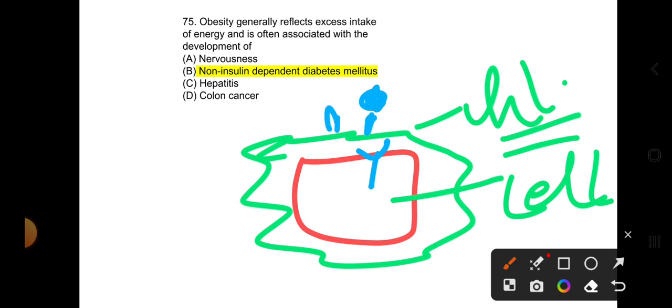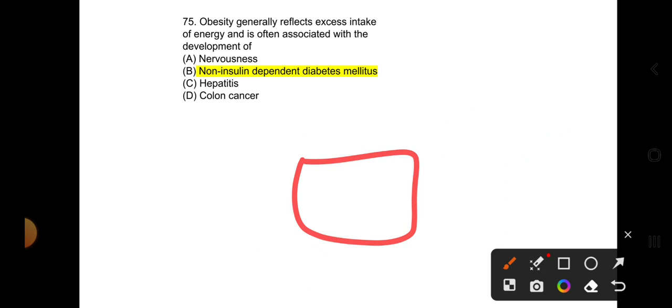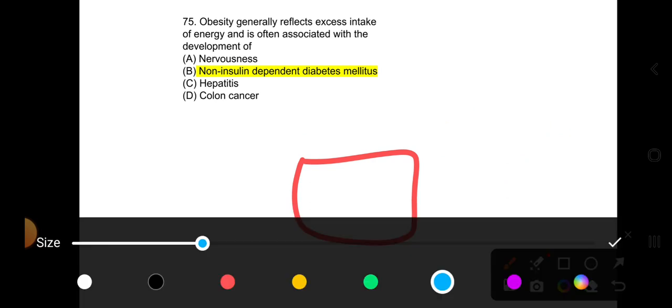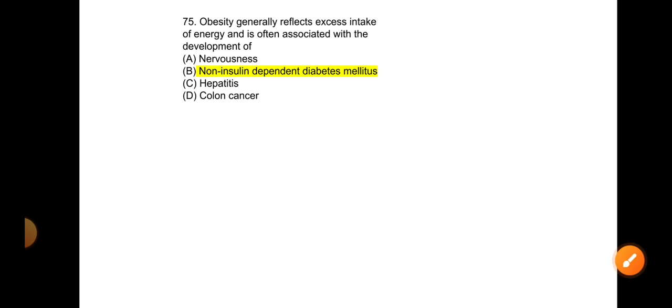Because of which you are told to lose weight, because once you lose weight, you lose fat. You lose fat, you also lose cholesterol, you also lose other bad fats. Therefore this barrier is removed. One second, let me remove this green part, then you will get to see what barrier is removed. So this barrier will be removed and your insulin can now easily come and bind to the cell. So that's what happens in type 2 diabetes.